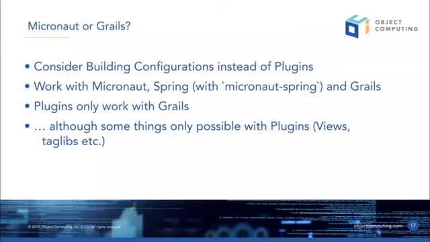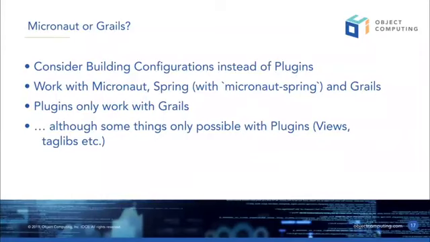So we would encourage you to build configurations instead of plugins, because plugins only work with Grails, whereas configurations can work with Grails, regular Spring apps, and also Micronaut. So you can have a singular code base, and if you have some Grails apps and some Micronaut apps, you can use it in both, right? Which is great. And then also there are some things that are only possible with plugins currently.